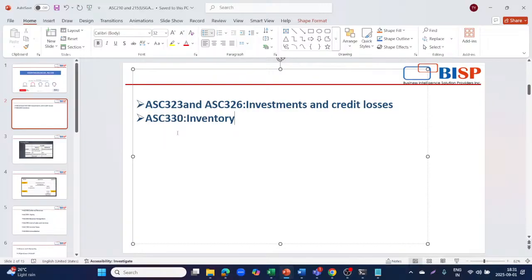That is, if goods are moved from the factory and brought to their current location and condition, like if we have purchased some inventories in a dismantled condition, how will you determine the cost of that inventory? It will include whatever material, labor, and overhead cost is involved for that particular inventory, and bringing those goods to the factory, and then fixing it and bringing it to usable condition. All these costs will be included and totaled, and that will become our inventory cost.